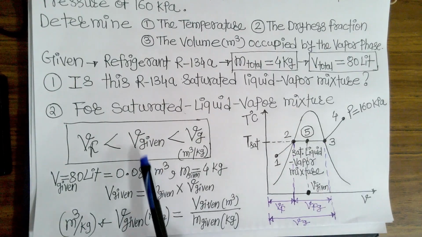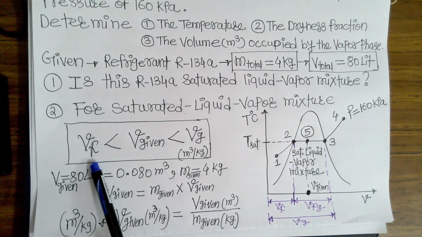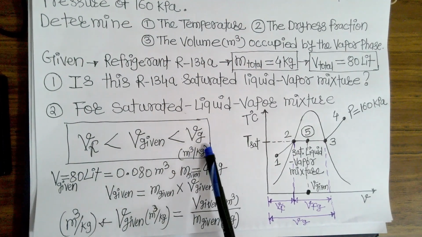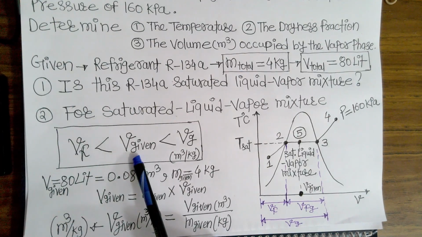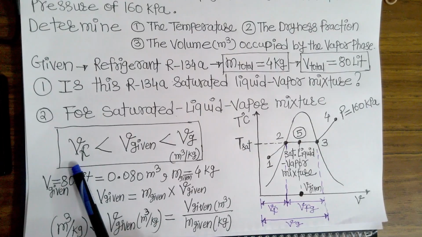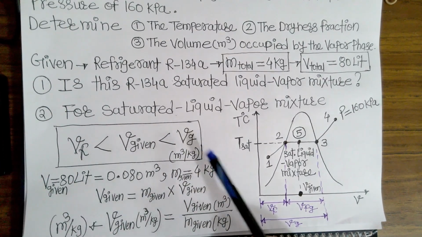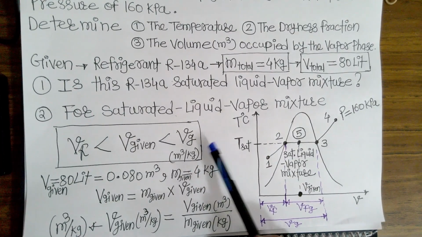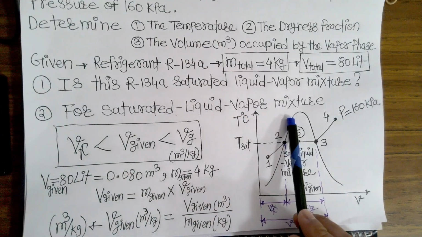So I can say the specific volume of the given mixture is greater than Vf, but it is less than Vg. So at a given pressure or temperature, if the specific volume given to you is greater than Vf and it is less than Vg, if this condition is satisfied, that condition represents saturated liquid vapor mixture condition.